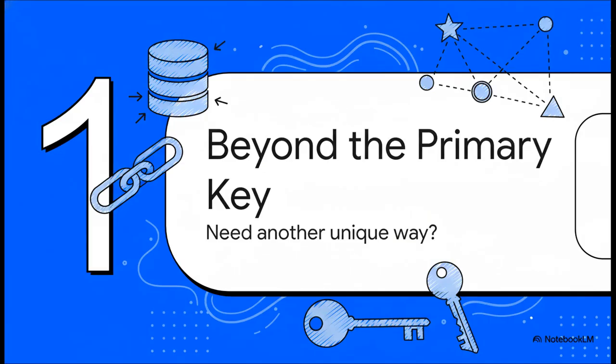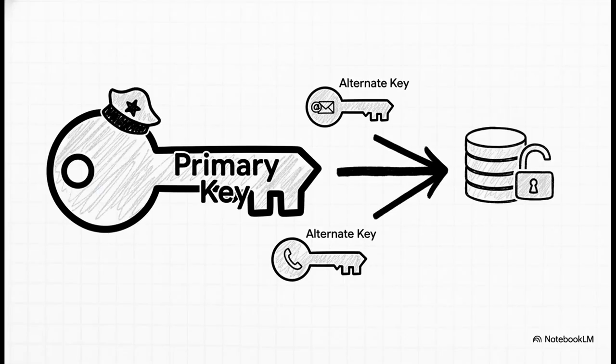So seriously, why do we need this? Well, in any good database, you have to be absolutely sure you can nail down every single record without any mistakes. But think about it. What happens when your main identifier, your primary key, isn't the most convenient or logical one to use in a particular situation? Okay, let's stick with that sports analogy.